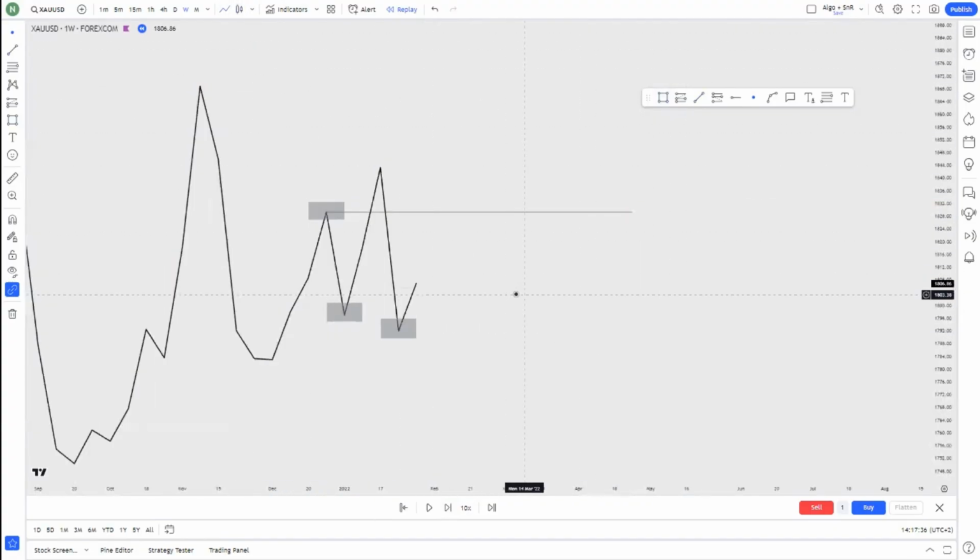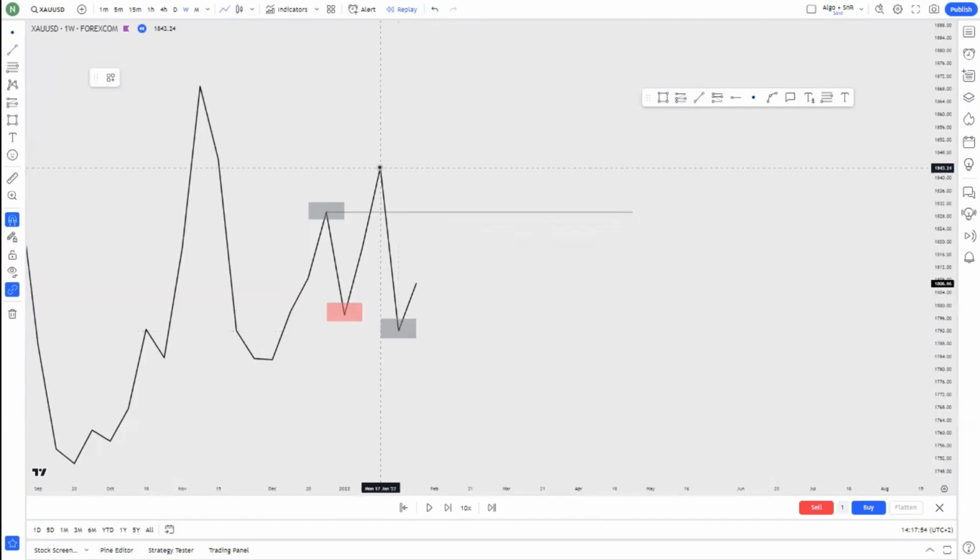Then by doing so also, you see that here, this becomes a V that failed to hold this support right here, that failed to present bullish price, and now is failing to give us bearish price action.